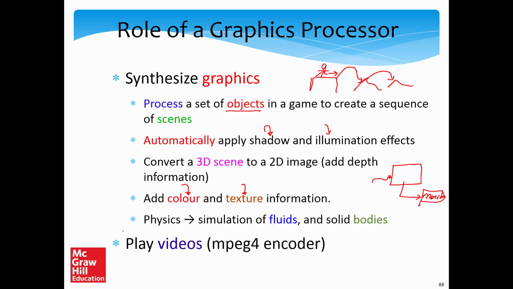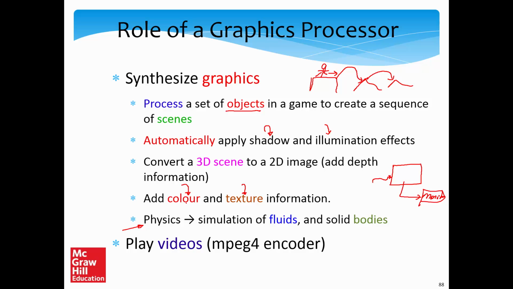Graphics processors also do a little bit of physics. In a sense, you would have seen some of these movies like Pirates of the Caribbean and many, many more Hollywood and Bollywood movies, where there are lots and lots of effects. A lot of these effects are actually computer generated, in the sense that it's not real water, or it's not even the case that the film crew has actually gone to the middle of an ocean.